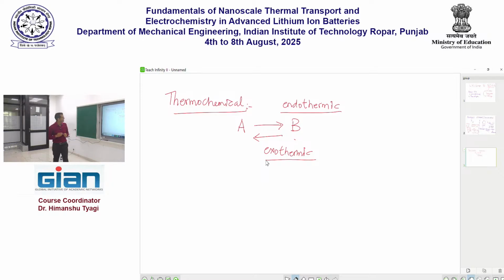So as you can see, in any of these energy storage mechanisms, there is a certain efficiency involved. If I start from 100 joules of energy, and if I use it to convert A to B, I will probably not be able to capture all 100 joules of it inside B. Moreover, when B gets converted to A and it releases some energy, I will not be able to capture all of it.